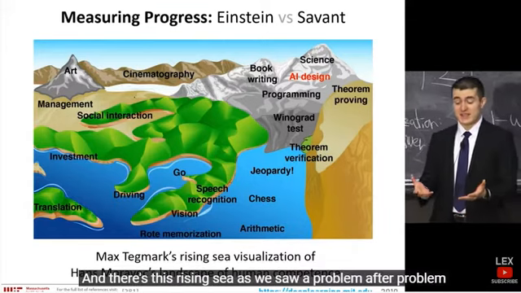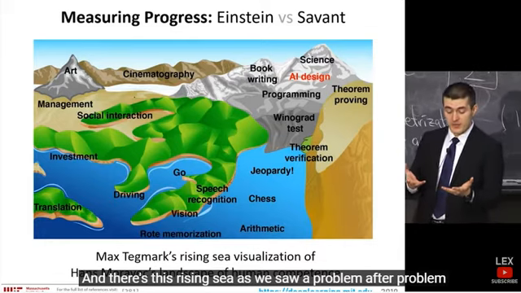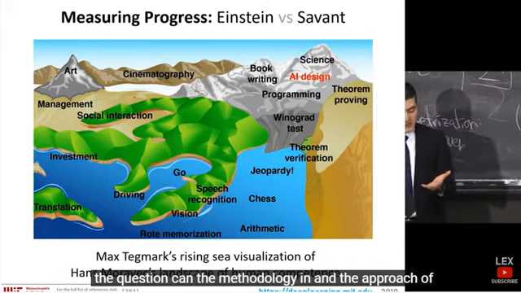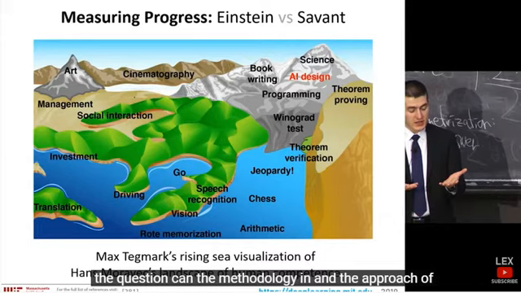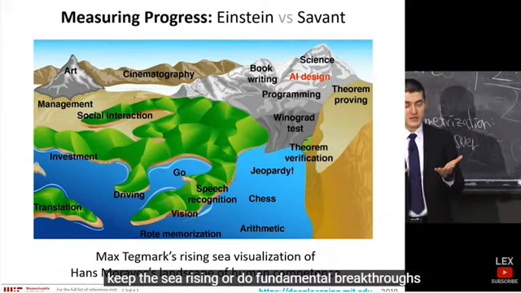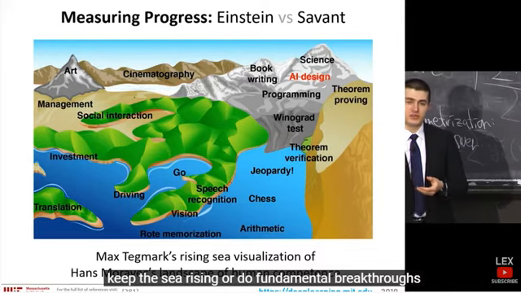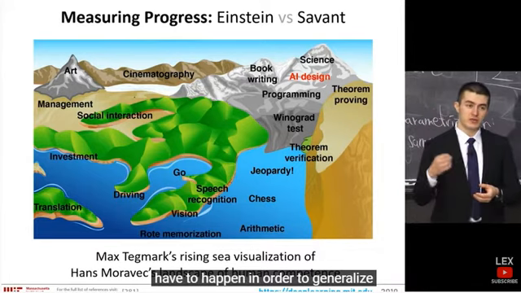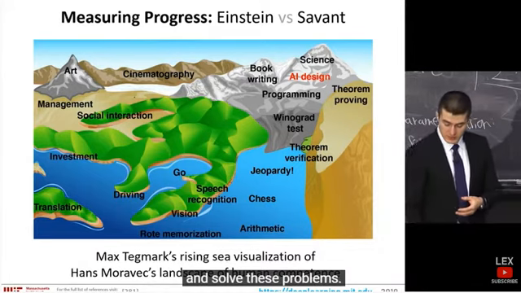And there's this rising sea as we solve problem after problem. The question: can the methodology and approach of deep learning, everything we're doing now, keep the sea rising? Or do fundamental breakthroughs have to happen in order to generalize and solve these problems?